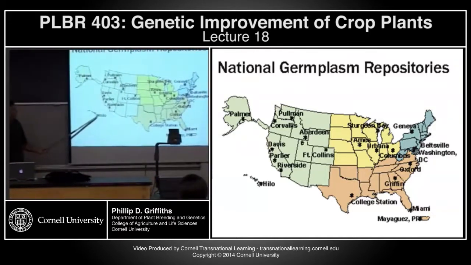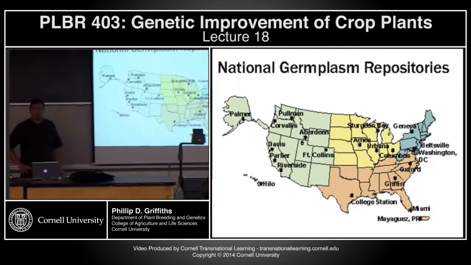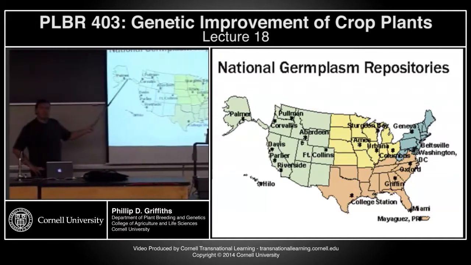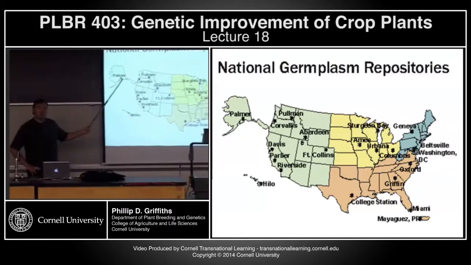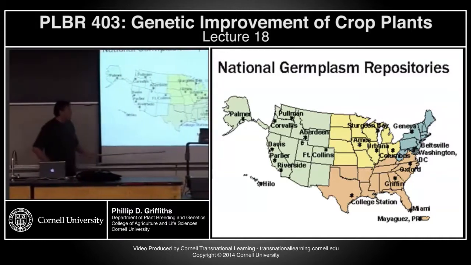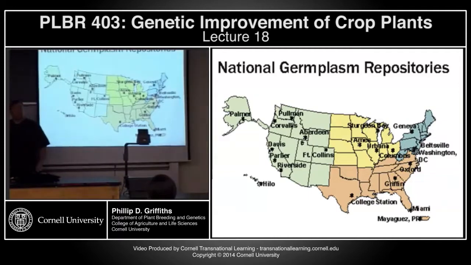And you can see that there's a number of smaller repositories that exist around the country, where, for instance, Palmer, Alaska, may keep some of the Arctic crop germplasm. I believe it also keeps the rhubarb collection. And Mayaguez, Puerto Rico, for instance, will hold some of the tropical germplasm.